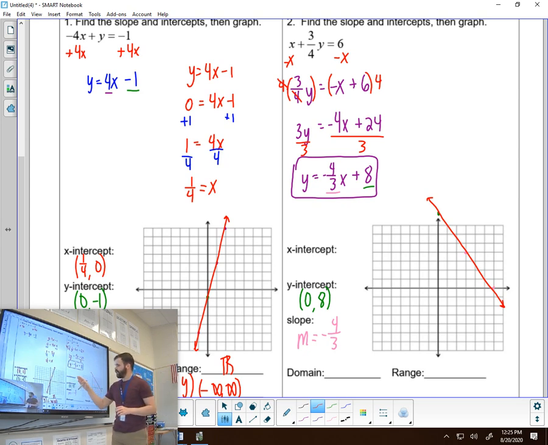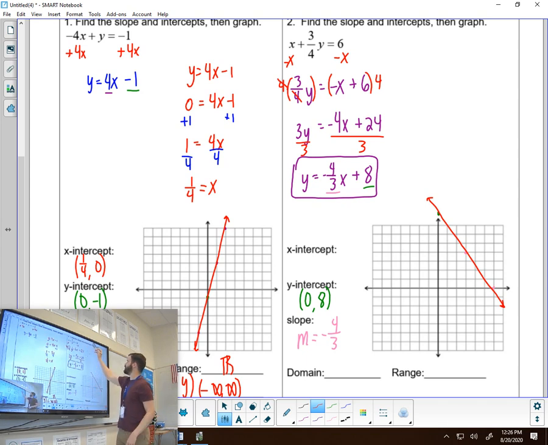Okay, we did not talk about x-intercept. Once again, we don't need the x-intercept to graph. I'm asking you to find it for some extra practice. To find my x-intercept, what am I going to do? I'm going to take my original equation and plug in 0 for y.